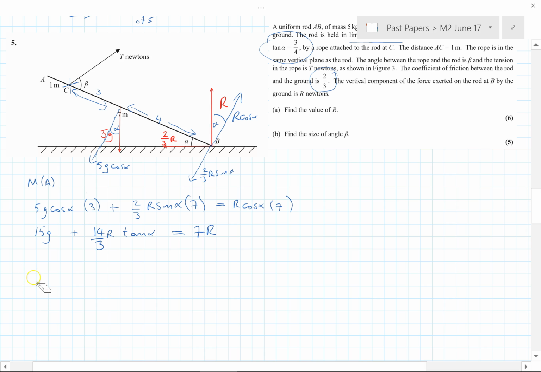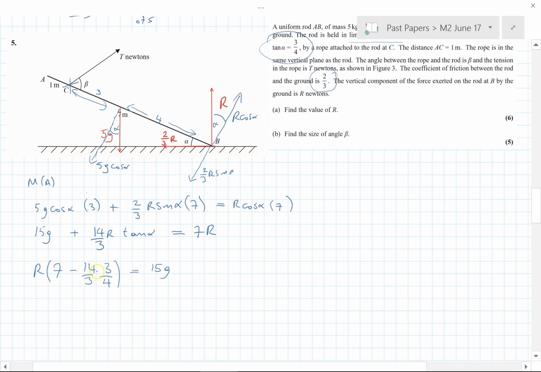Okay, so then we can bring the R's together. Let's take it over to this side. So we've got R times 7 minus 14 over 3 tan alpha, and tan alpha is 3 over 4, is equal to 15g.